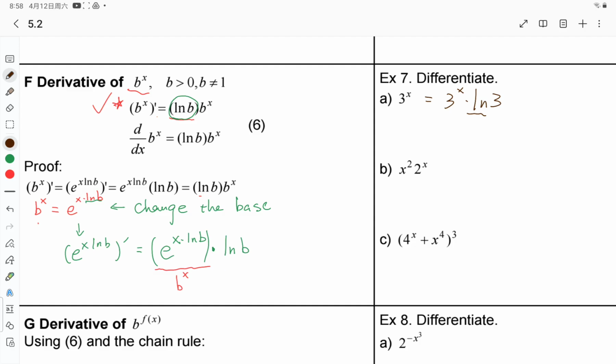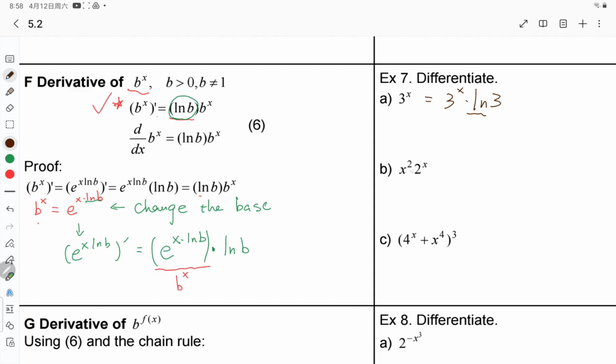And then we get this. So we use the derivative of e to the x, this formula, so we got ln 3, this parameter, right? So it's important to acknowledge that.